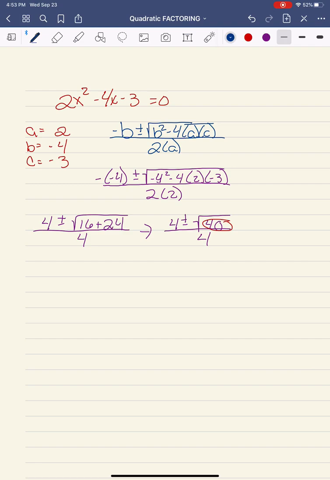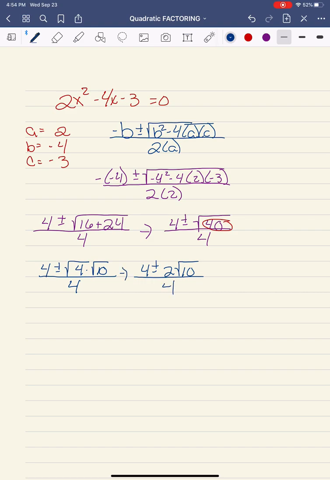So remember, the square root of a times the square root of b is the square root of c. So let's look at this. We have 4 plus or minus, I'm going to write the whole thing out, the square root of 4 times the square root of 10, all divided by 4. Okay, from here, I'm going to have 4 plus or minus 2 square root 10 divided by 4.